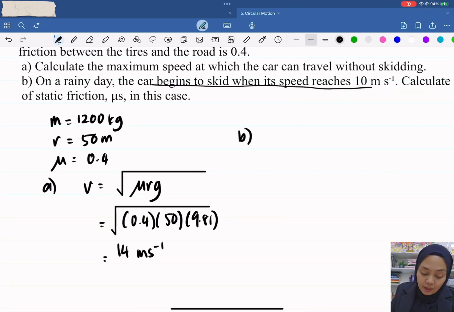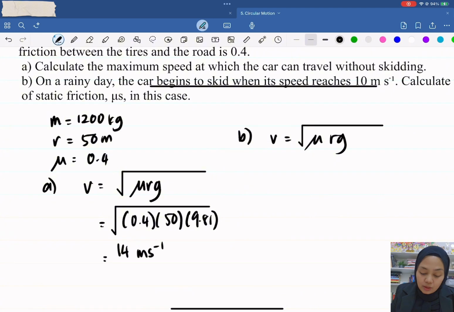Question B is asking: the car begins to skid when the speed reaches 10 meters per second. Calculate the coefficient of static friction mu s. In this case, we're still going to use the same equation, but this time we do the substitution differently.